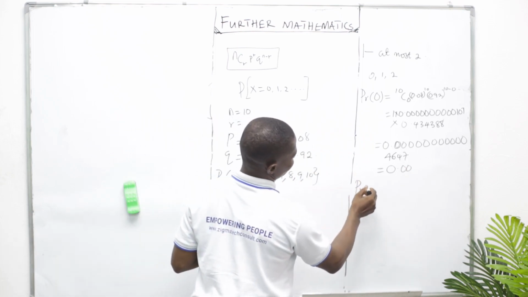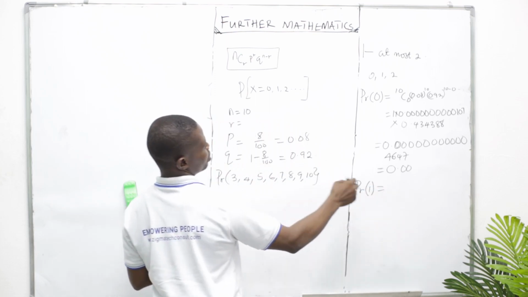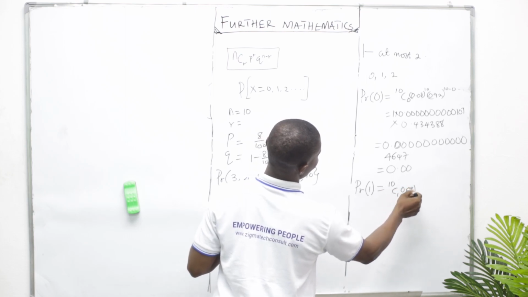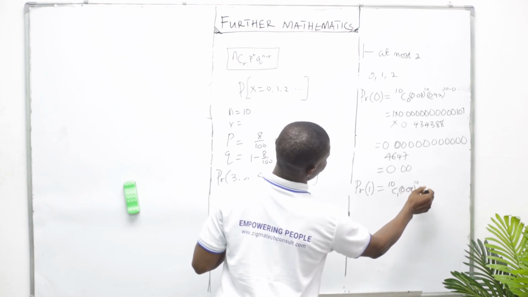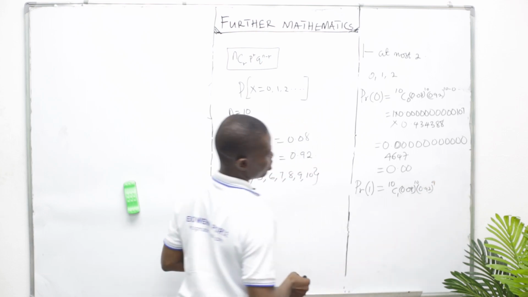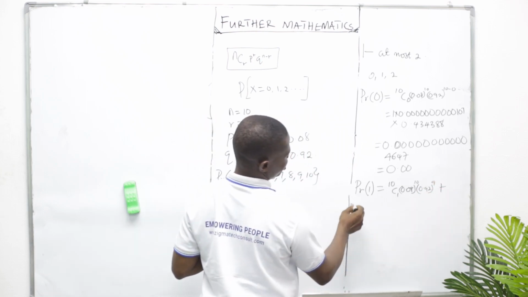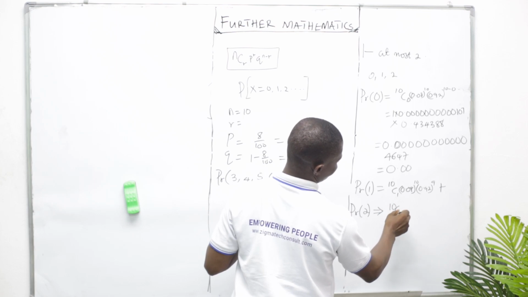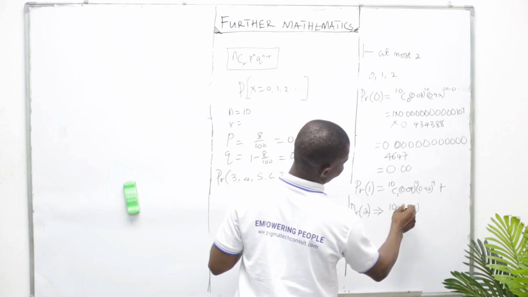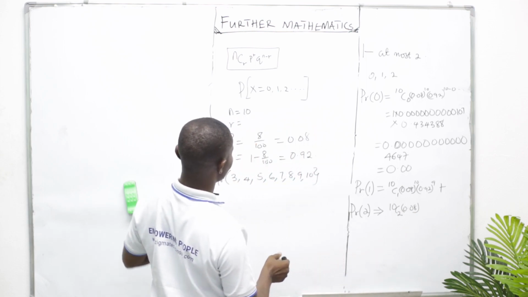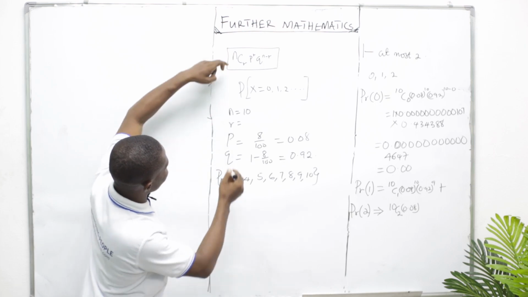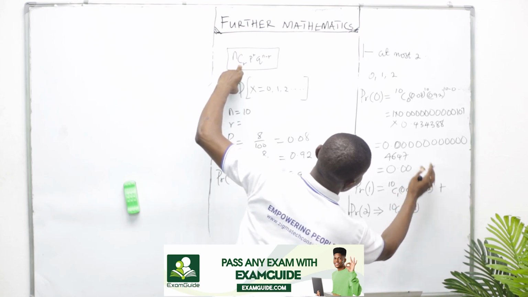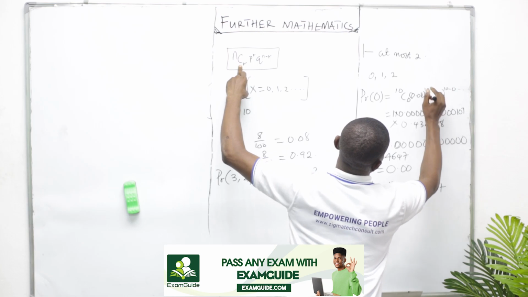Probability of r = 1. Then this one will produce a nice result: 10 combination 1 multiplied by 0.08 power 1 multiplied by 0.92 raised to power 9, plus probability of r = 2, which will give us 10 combination 2, 0.08, sorry, I think we're missing our r.